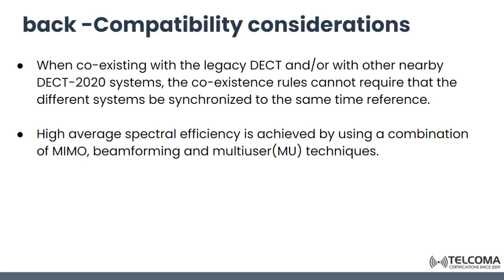Now, with coexisting with the legacy DECT and other nearby DECT systems, the coexistence rules cannot require that the different systems be synchronized to the same time reference. Here the high average spectral efficiency is achieved by using a combination of MIMO, beamforming and multi-user techniques. Thank you.